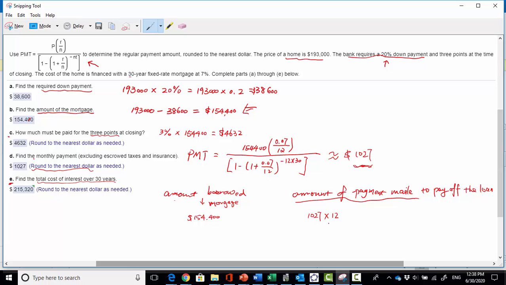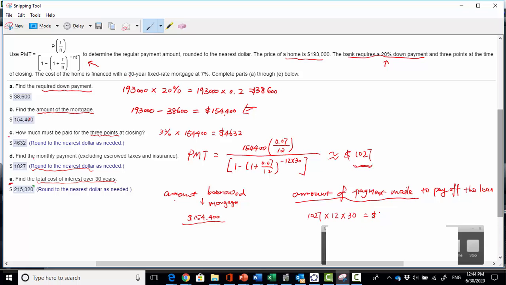The product is the amount of payment per year. And remember, the mortgage term is 30 years, so we have to multiply by 30. Multiply these three numbers together, and this number is $369,720.